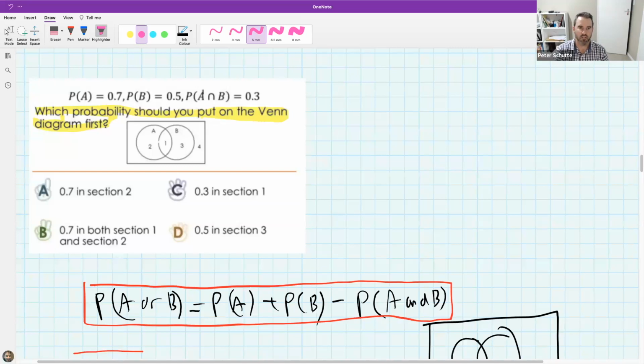So this is the probability of A and B. And normally with a Venn diagram, a very good tip is to always start in the middle. And so this would be 0.3.